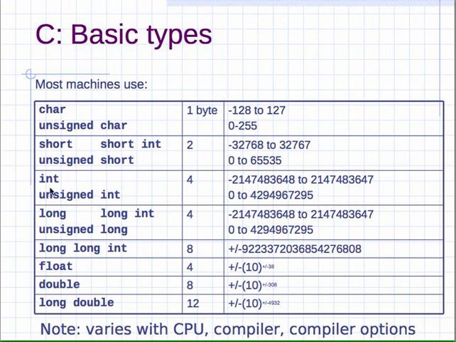You can also have unsigned ints, and that means you go from 0 to some large number, roughly 2 to the power 32. Actually, this value is 1 less than 2 to the power 32.